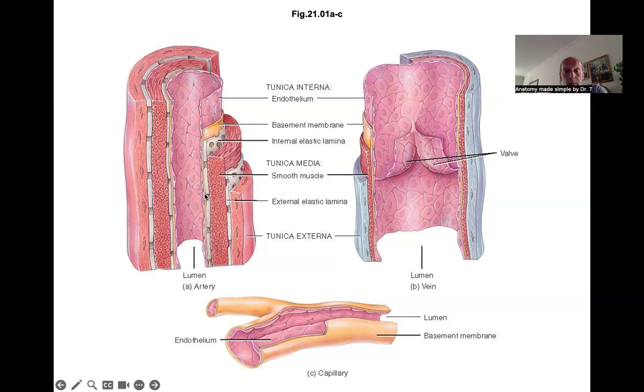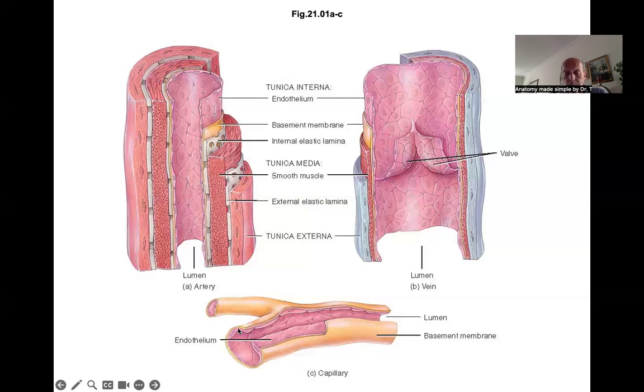Compared to artery and vein and their wall, at the bottom of the screen you're now seeing another illustration that is very important to understand. It's a typical diagram that illustrates what the wall of a capillary looks like.